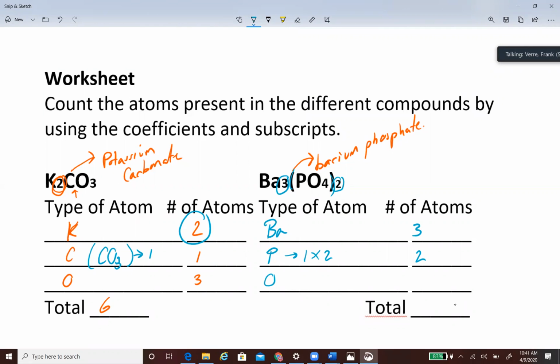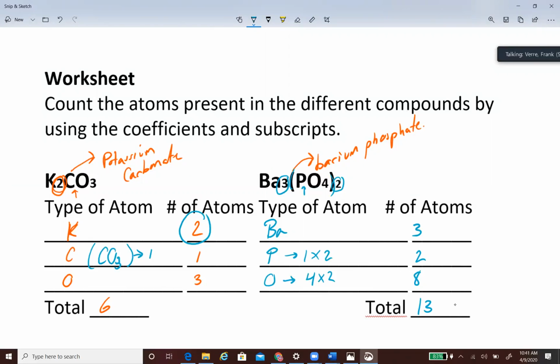So there's no number, which means a 1, so 1 times 2 is 2. Oxygen, in the bracket, there's a 4, and there's a 2 outside the bracket, so that means we have 8 oxygen. So if we look at it as just number of atoms, that would give us a total of 13.